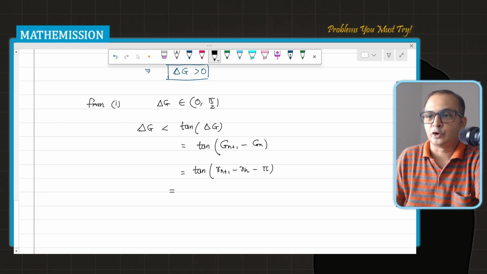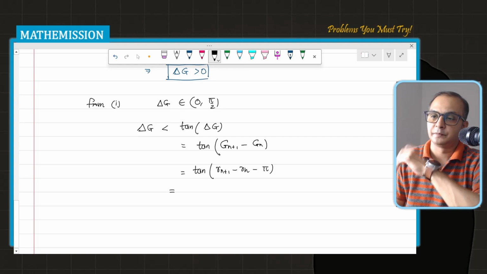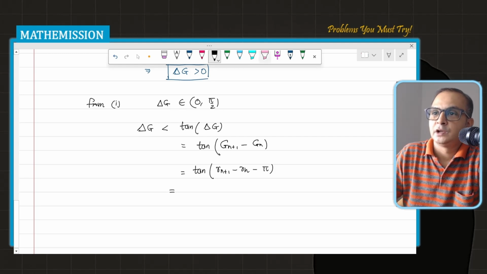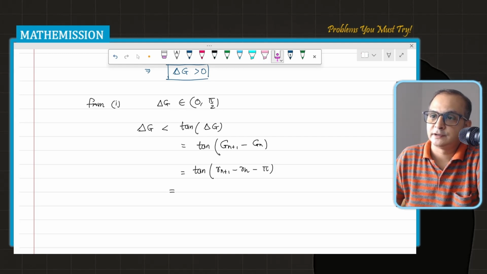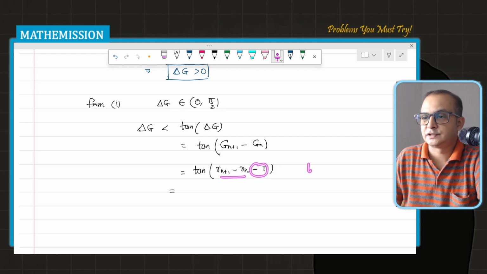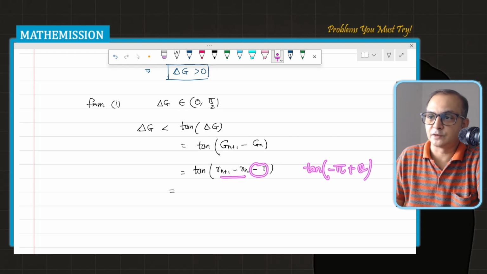Correct? Now this is a little bit tricky here. What is the trick? You can think of this quantity as minus 1 π, and you are adding this minus 1 π to r_{n+1} minus r_n. So this will always give you the structure of tan of minus π plus θ or plus something.